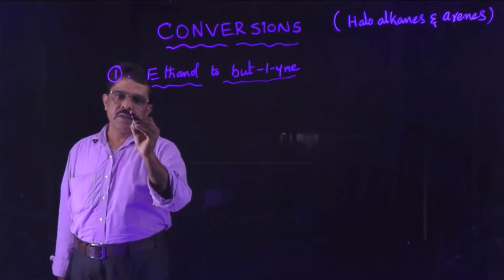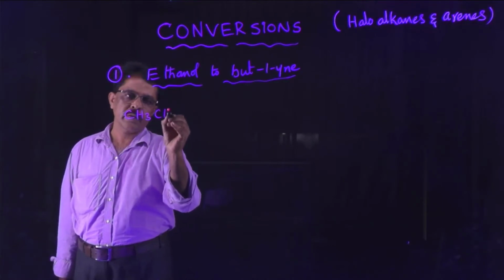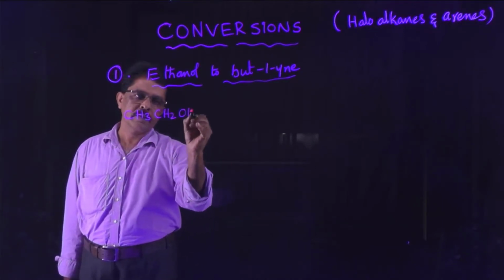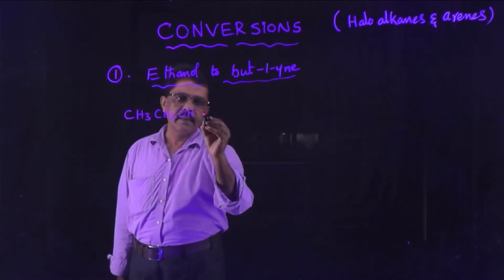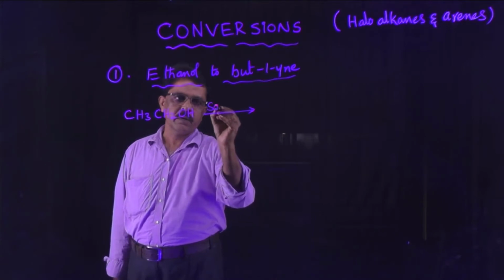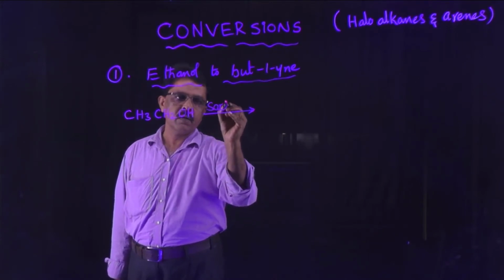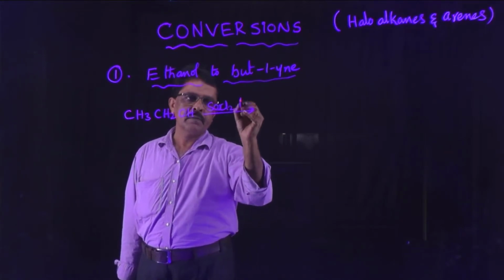Ethanol formula you know very well: CH3CH2OH. This ethanol is heated with thionyl chloride, SOCl2, in the presence of pyridine.